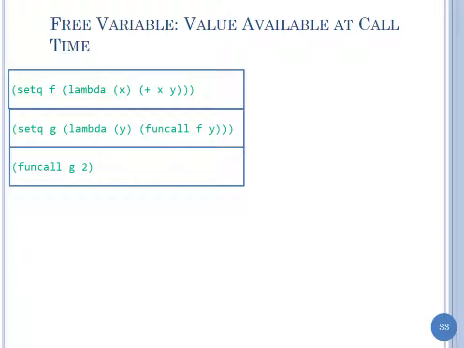Let's get clear what we're doing. I defined a function with a parameter x and a free variable y. Then I defined a function g with a parameter called y that calls that function and passes its y as the value of the x in f. And then I call g. g takes one parameter and has no free variables, and I make y be 2, which makes x be 2 in f.